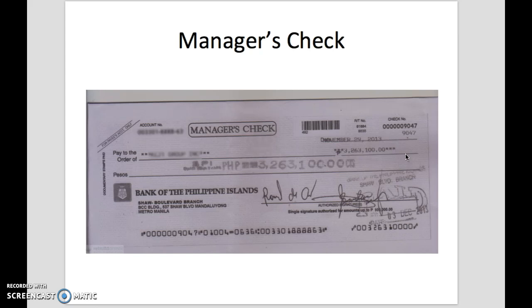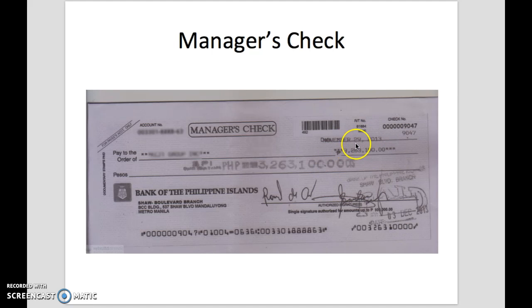And let's say he told me, okay, issue me a manager's check then. So what I'd do is go to my branch of account, which is BPI. I'll go to the manager and say, I'd like to pay Clark Kent this amount of money. Now, the manager will check my own account and see if I have enough money.